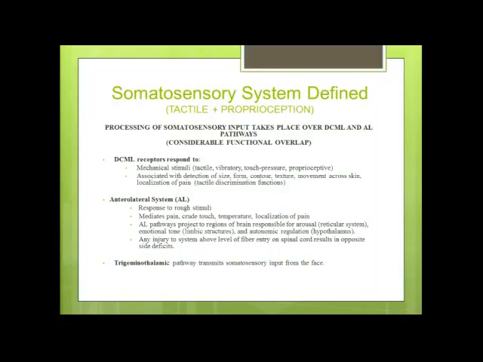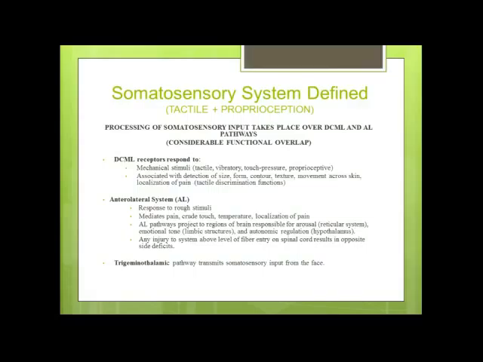The DCML, which stands for dorsal column medial lemniscal system, is primarily a discriminative system, and its receptors respond to mechanical stimuli, which just means that when a mechanical stimulus is applied, transduction occurs, so the impulse begins to be processed through the system. Mechanical stimuli include tactile, vibratory, touch pressure, and proprioception, but we are not going to be talking about proprioception today.